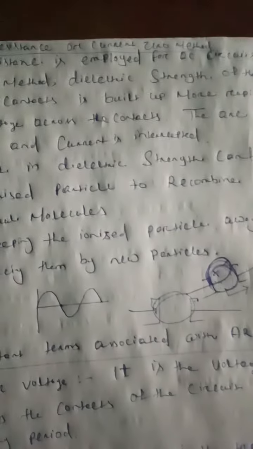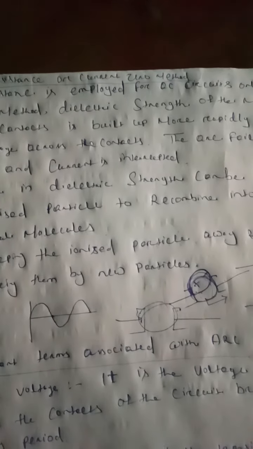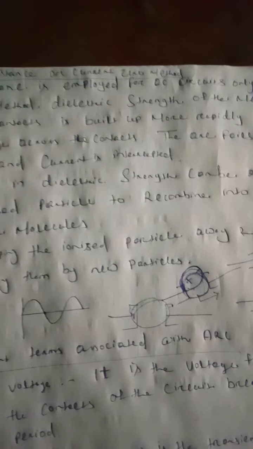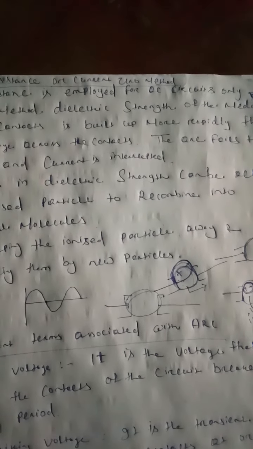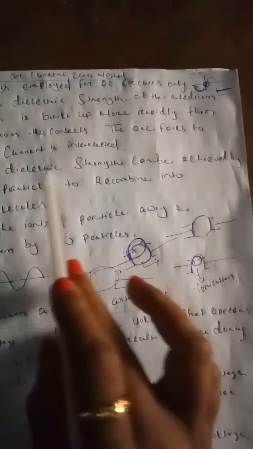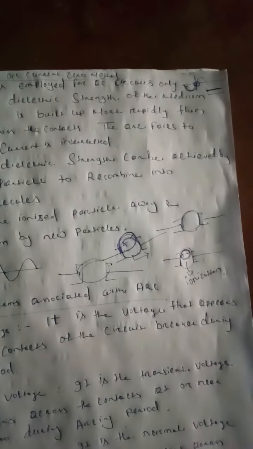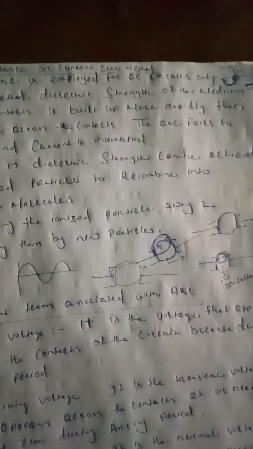Then in our second method, if we develop the dielectric strength between the fixed contact and moving contact, then restriking voltage fails to develop in that region, and then the current is interrupted. To achieve the dielectric strength, we also follow two methods. First one, to recombine the ionized particles into neutral molecules.